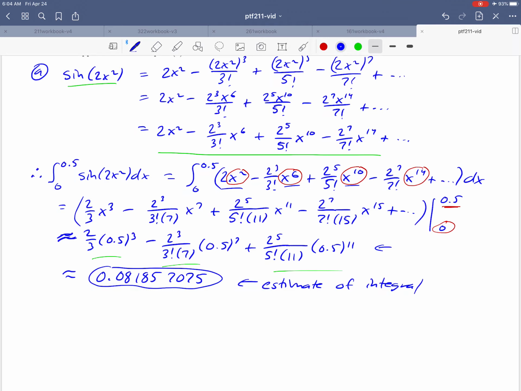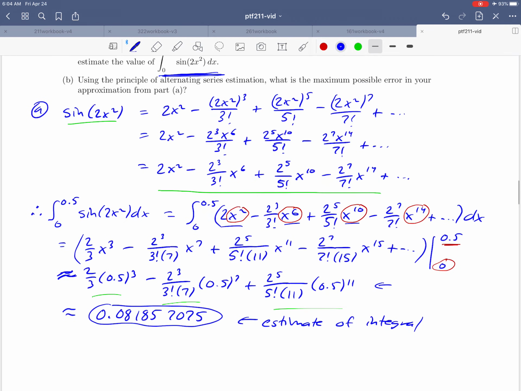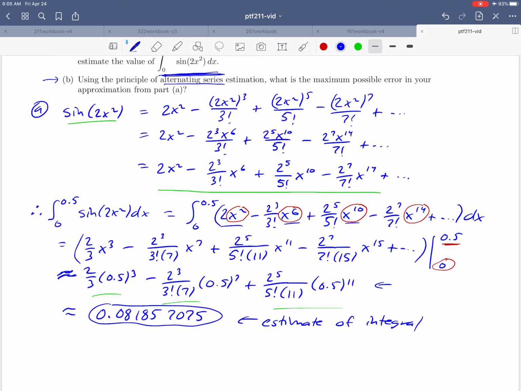But then we come to the question of how accurate this is. This is not exactly equal to this integral, it's just an estimate, so how accurate is our estimate? That's what part B is asking us about. Part B is asking us to use the principle of alternating series estimation to estimate the maximum error. Notice that the series we had, back here on this line, is an alternating series.